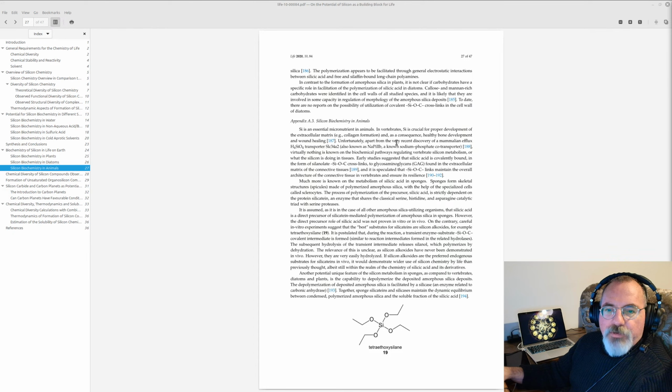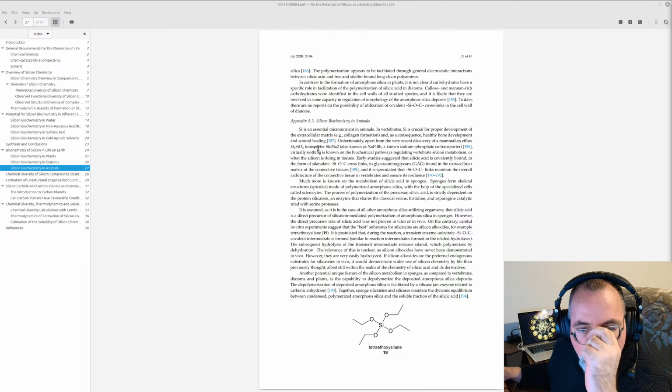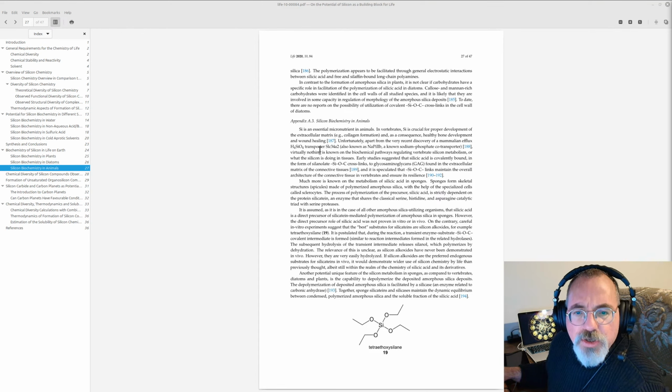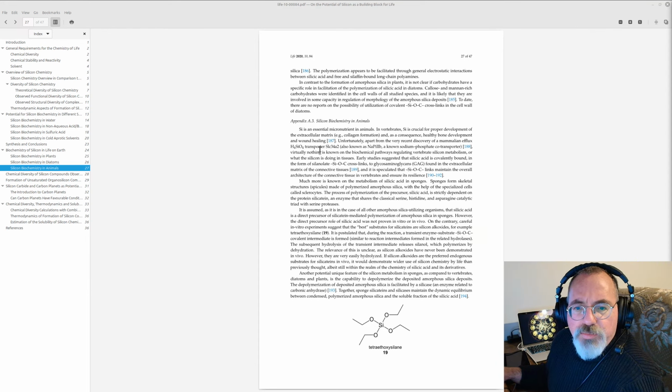Unfortunately, apart from the very recent discovery of a mammalian efflux H4SiO4 transporter, SLC34A2, also known as sodium PiI2B, a known sodium phosphate cotransporter.